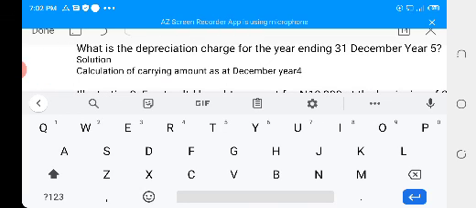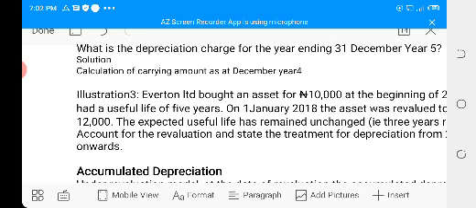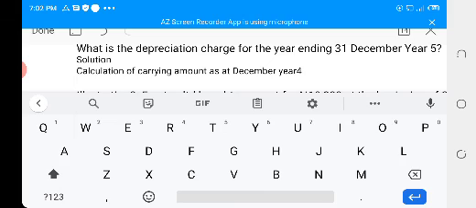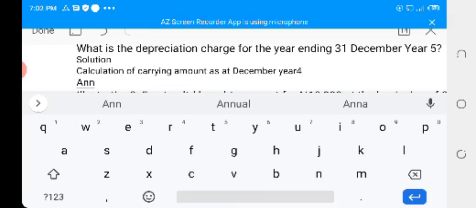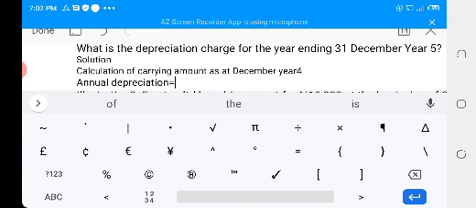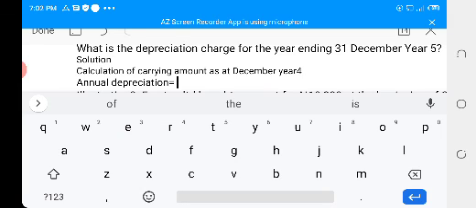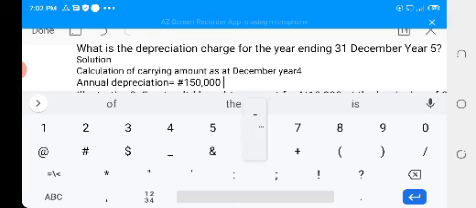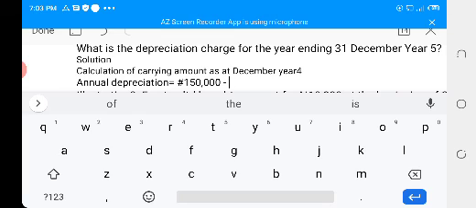I want us to increase the font. So year 4. Let's look for the depreciation first. Annual depreciation.